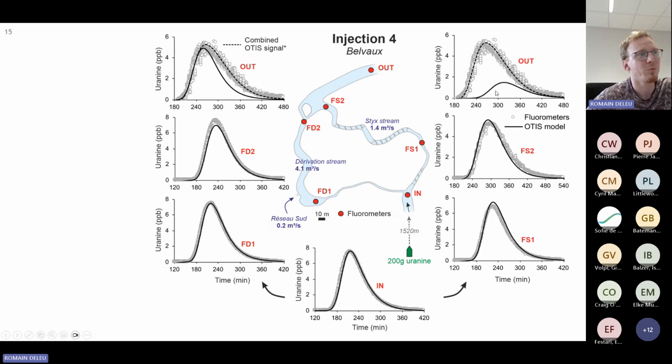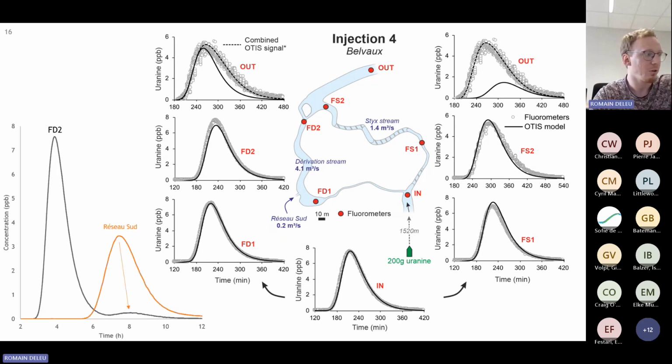This is what we see on the top breakthrough curve at the out fluorometer. So if we inject further upstream, we don't have a double peak compared to if we inject closer. We also have a small signal coming from the Réseau Sud, the small stream of 0.2 cubic meters per second. But as it has a small impact, we do not really study this.